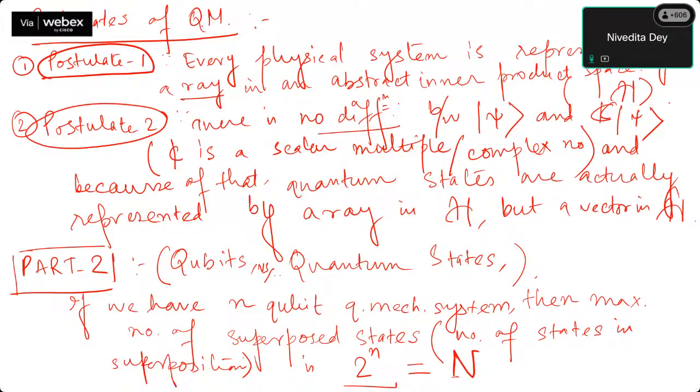This is the general notation for quantum states. So capital N is the number of quantum states, and 2 to the power n is also the number of quantum states, and small n is the number of qubits.